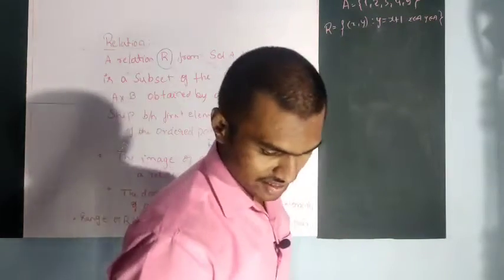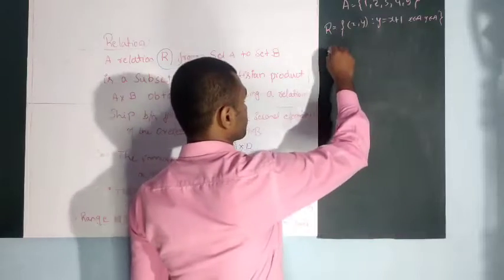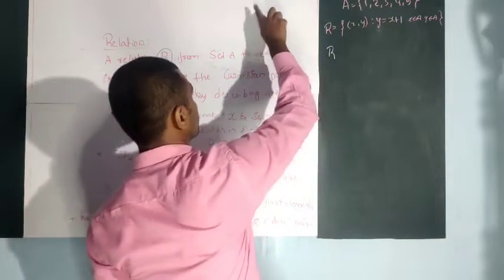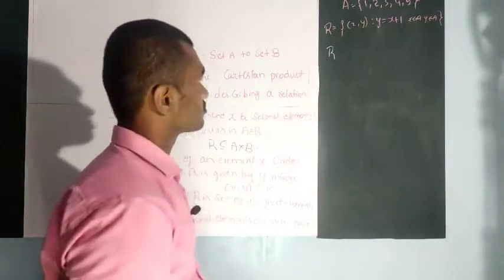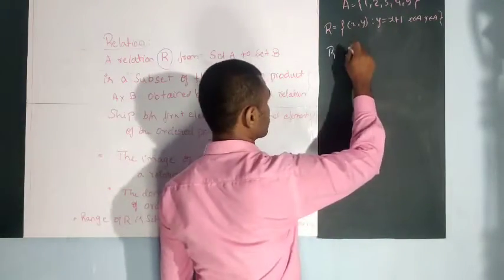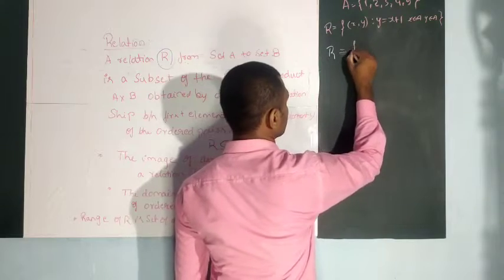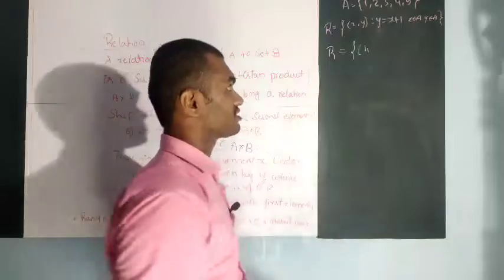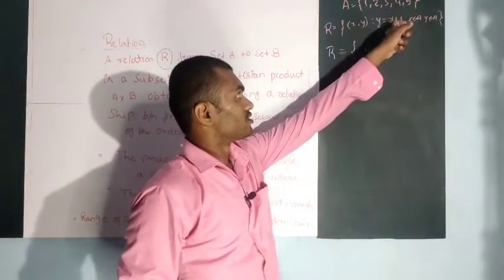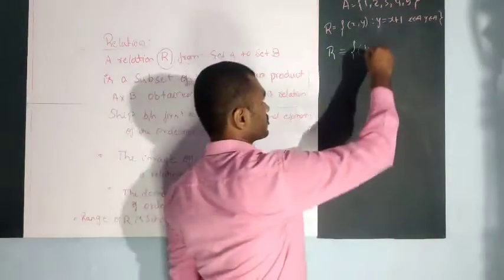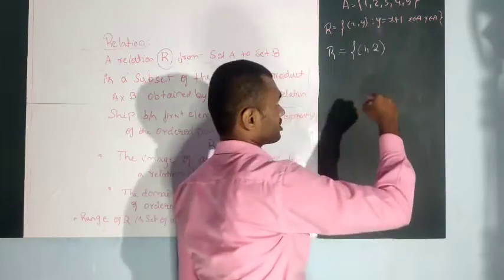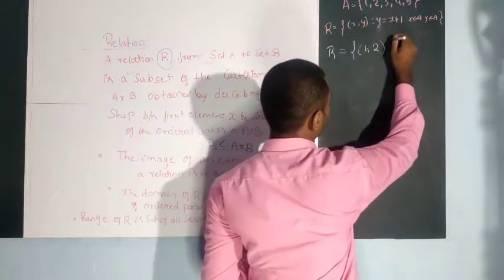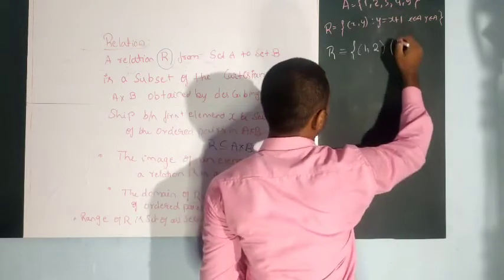So now let us write the elements of R. First I will take 1 as x. So x plus 1, where x is 1: 1 plus 1 is 2. Now I will take 2 as x.